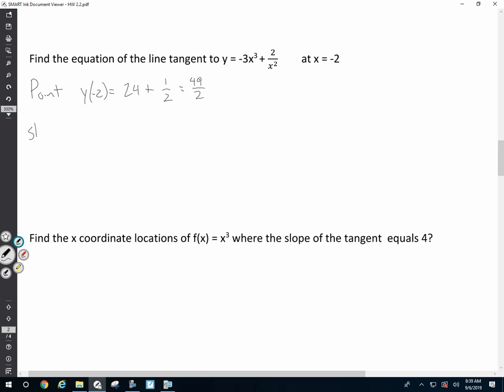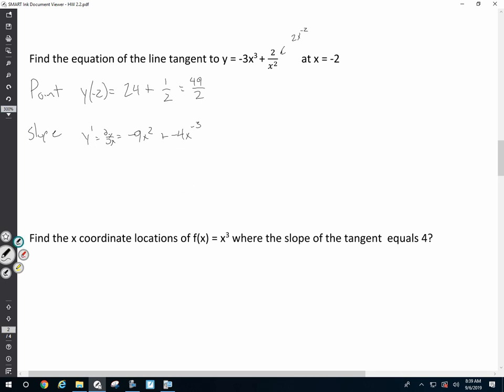Okay? Slope. Y prime. dy dx. Negative 9x squared. This turns into 2x to the negative second. So that's negative 4x to the negative third. I'll rewrite it as negative 4 over x cubed. But I'll just remember that.